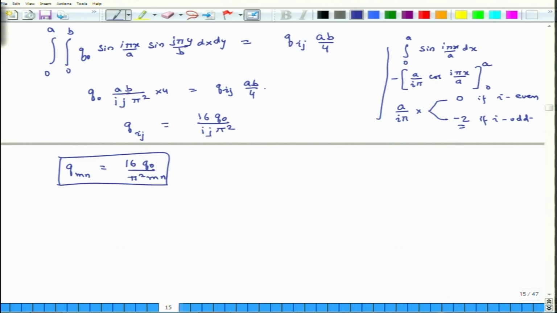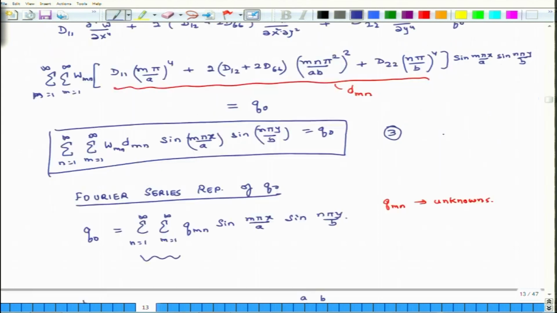Okay. So, this is equation 4, and I plug this equation 4 in equation 3.